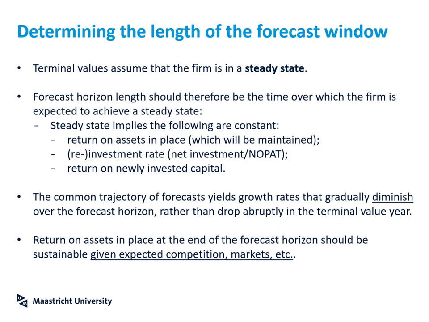And as I said, a key decision is, what is the length of my forecast window? Generally, what you try to achieve is that your forecasts are gradually moving towards the stable assumptions that you will have in your terminal value window. So for example, if your terminal value assumption is that the firm has a return on assets of 20% and a growth rate of 3%, you don't want to forecast a return on assets of 40% and 20% growth in the year prior to your terminal value window.